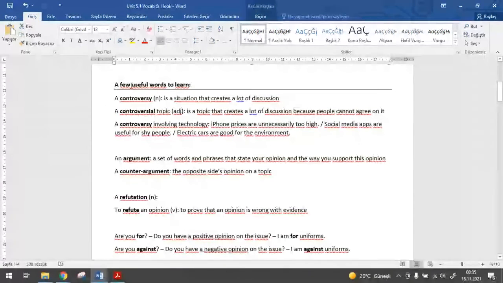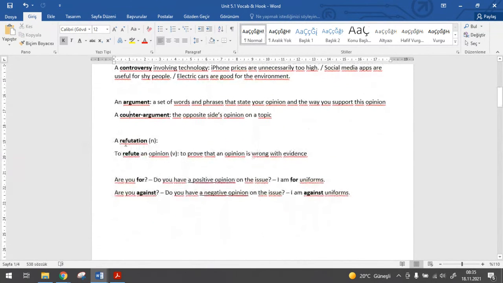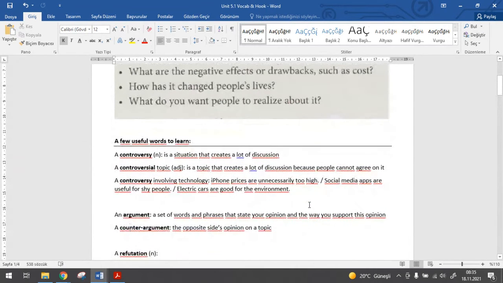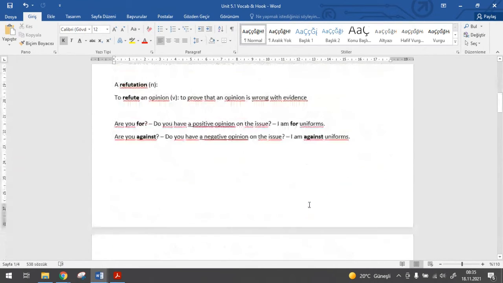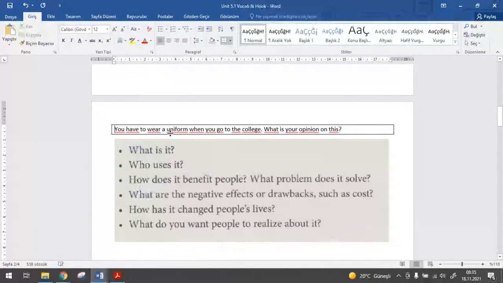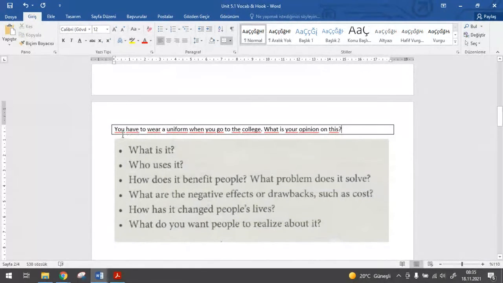After that, we looked at some useful words to learn. We talked about controversy, an argument, a counter-argument, what is a refutation, because these words will be commonly used in this unit, so we should understand them. After that, let's say this is our writing task.